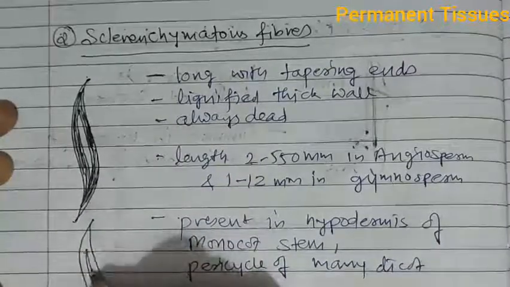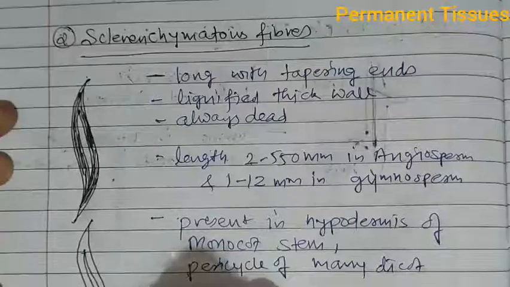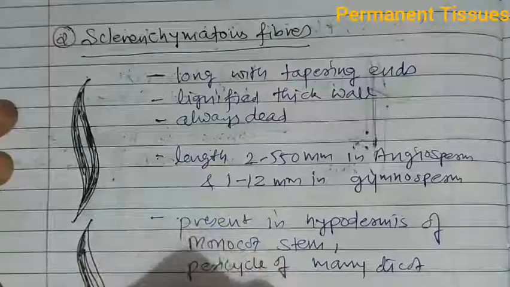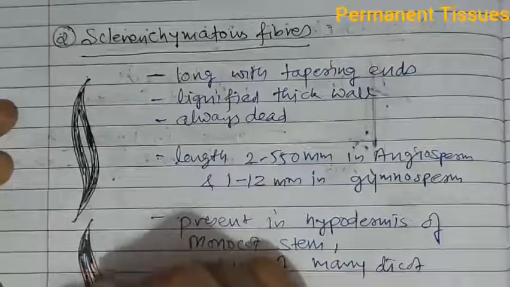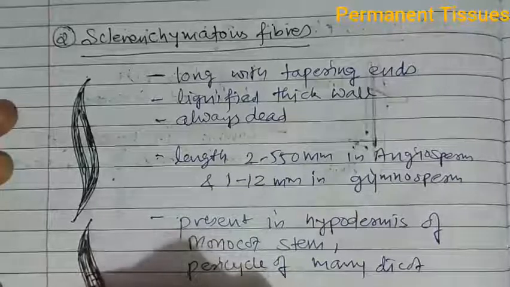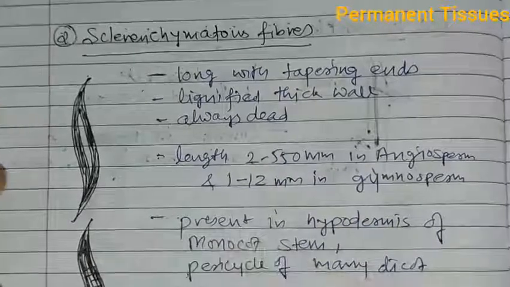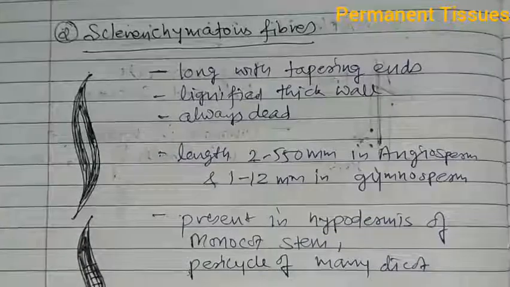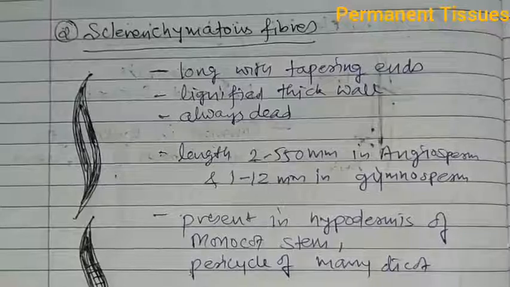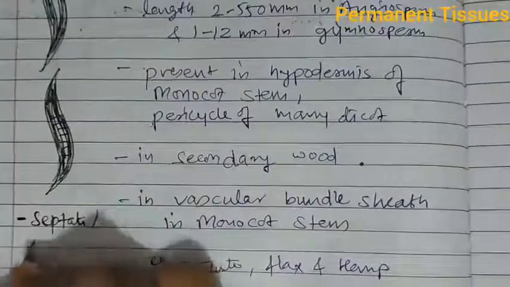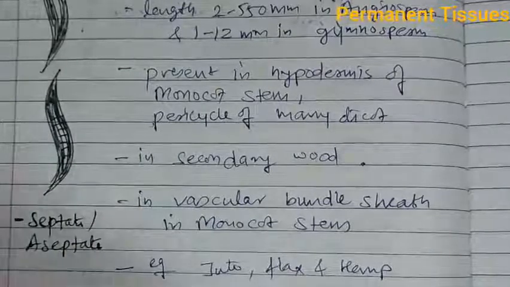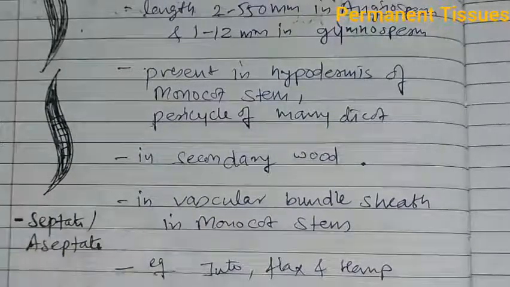Suppose this is the lumen, then they have a septa. So this fiber can be septate or aseptate.